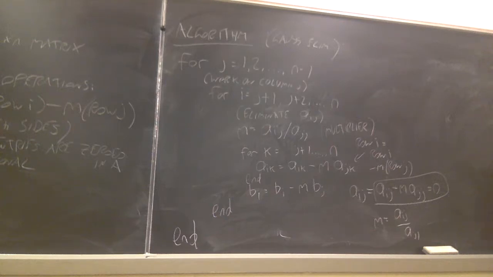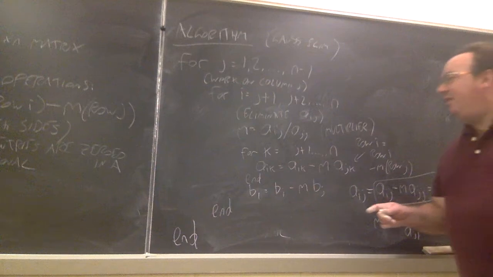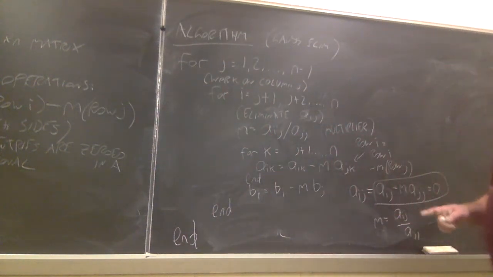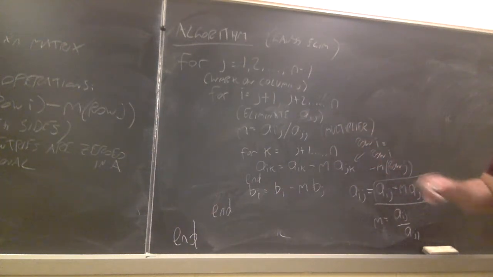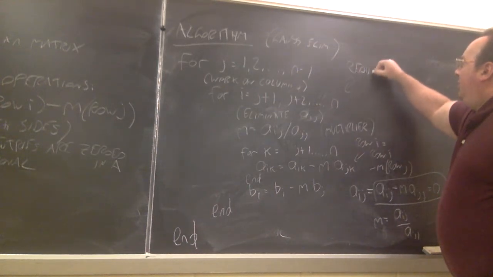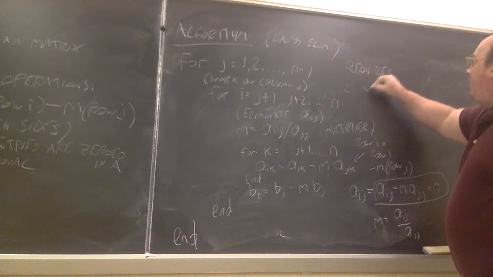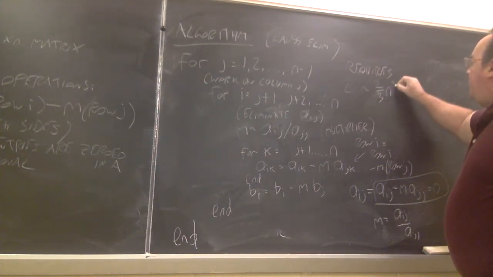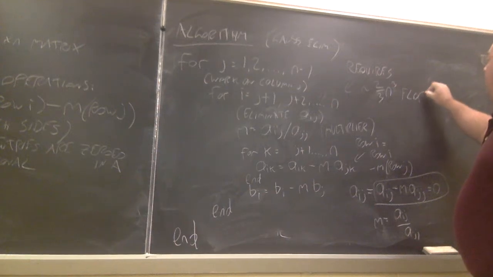So the last thing I want to mention is the complexity of this algorithm. Notice we have three loops nested with one another, and each one of those loops can do up to nearly n iterations. So this algorithm requires approximately 2/3 n cubed flops.